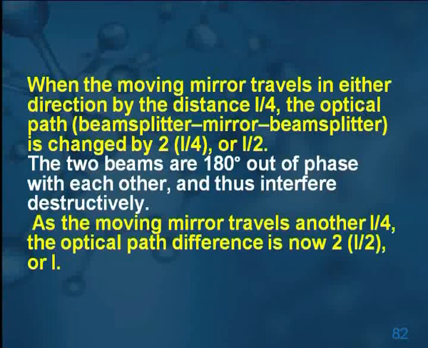The two beams are 180 degrees out of phase with each other and thus interfere destructively. As the moving mirror travels another 1/4, the optical path difference is now one wavelength, and the two beams are again in phase with each other and result in another constructive interference. So we get constructive and destructive interference depending upon the position of the mirror.